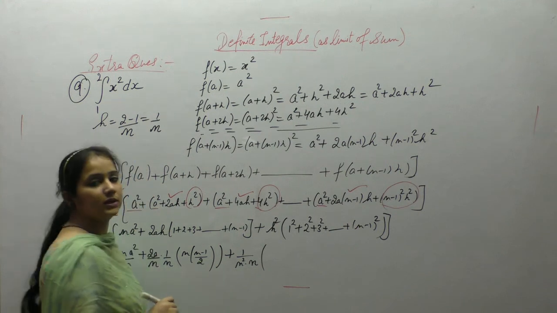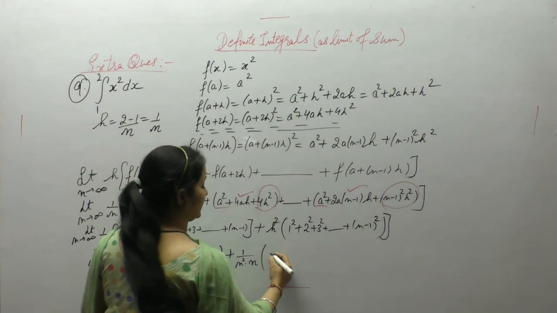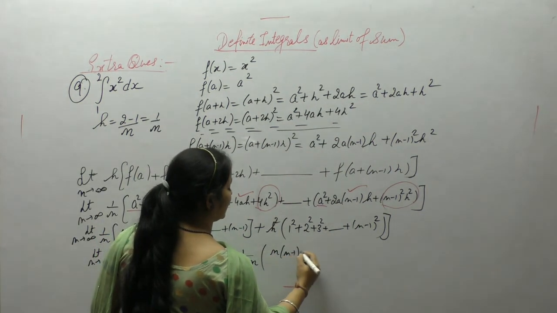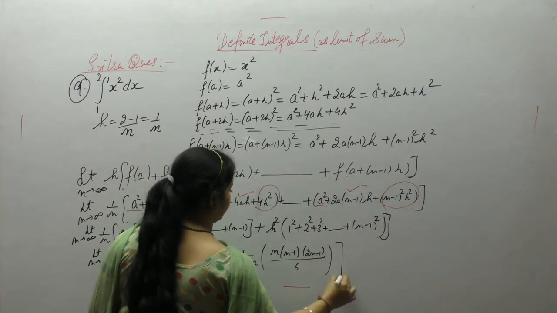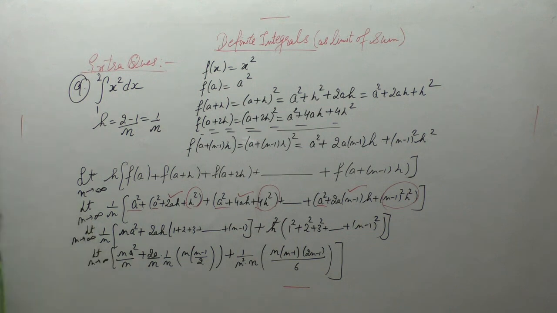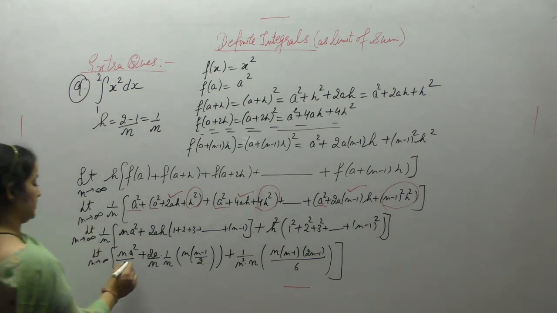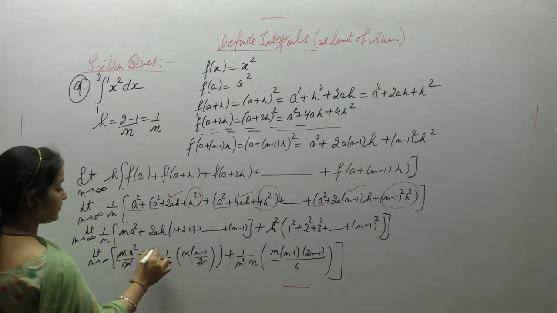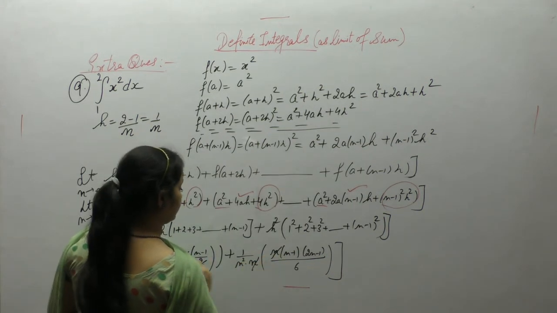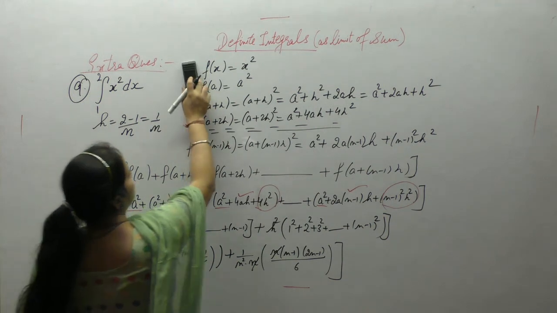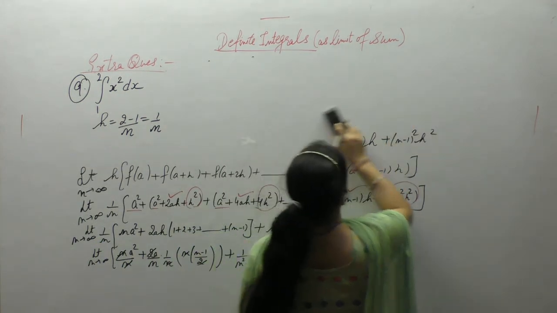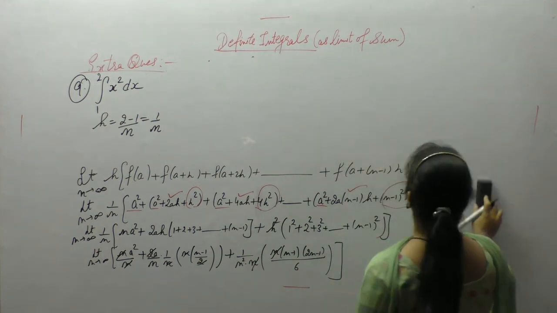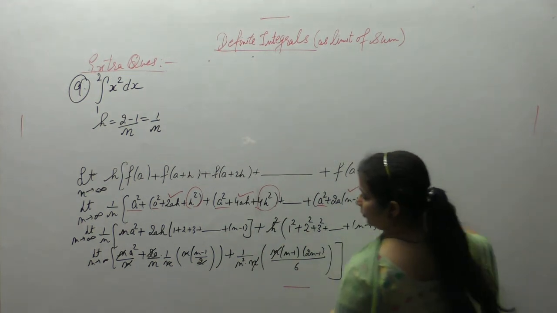Sum of squares of n minus 1 terms is n minus 1, 2n minus 1 by 6. Now put the values.